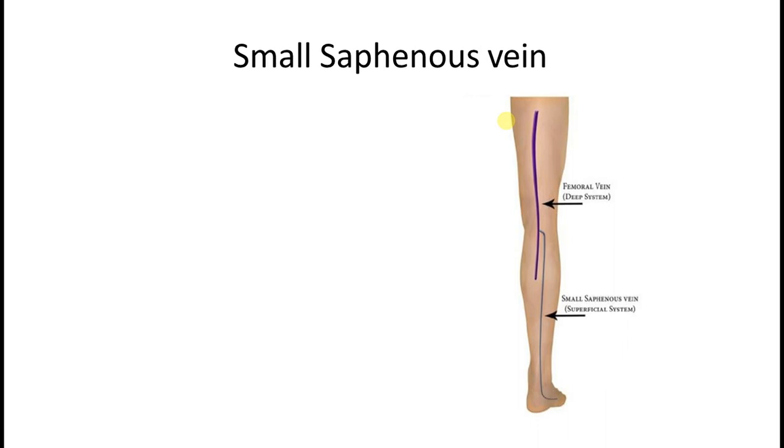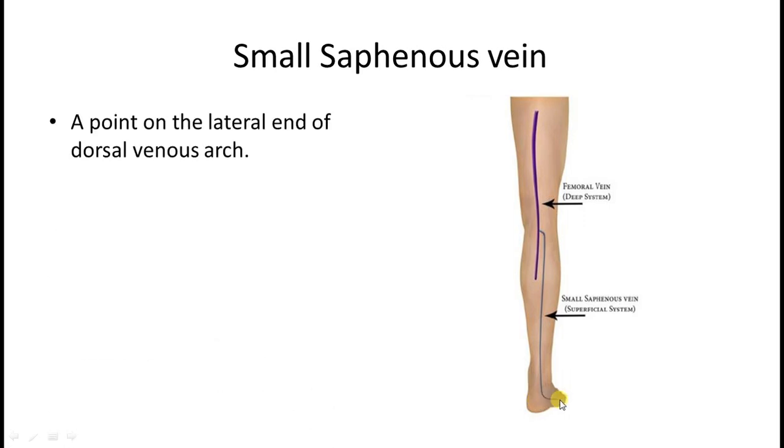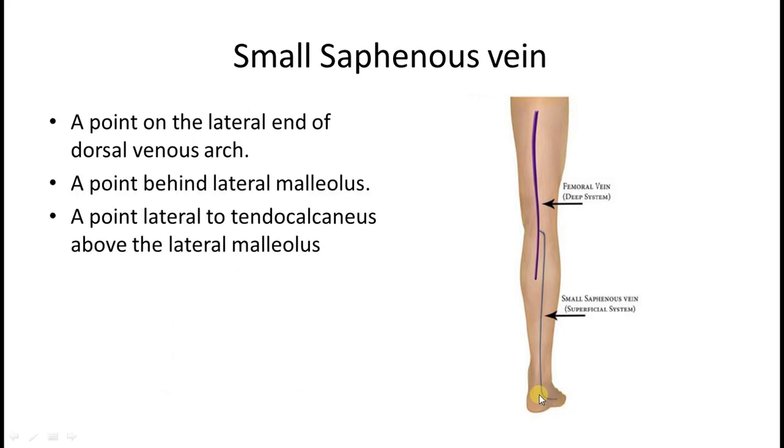Next, coming to the small saphenous vein. A point on the lateral end of the dorsal venous arch, a point behind the lateral malleolus, and a point along the lateral border of the tendocalcaneus. Here you are able to see the prominence of the tendocalcaneus, so just lateral to the tendocalcaneus, above the lateral malleolus.